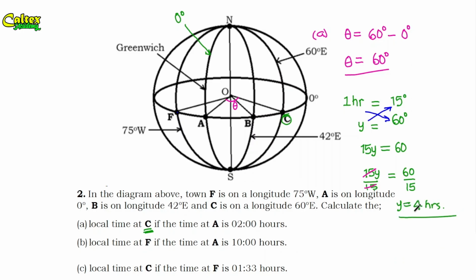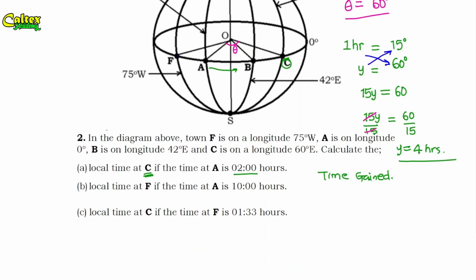Now the last step here is to get the time. And we learned earlier on that if you move in this direction, remember A is here and I'm moving in the eastern direction to locate our C, we gain time. And since time is gained, then we have to add these hours to the hour which has been given for us here. So let's get our time here by adding them together because we have time gain.